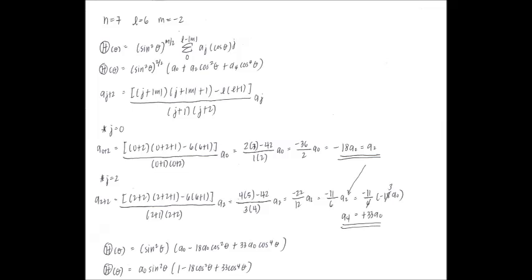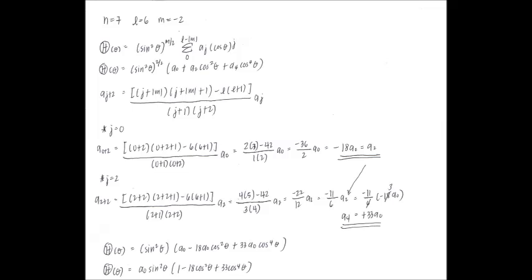So, substituting the given values, we get theta equals (sine squared theta) raised to 2 over 2 times a0 plus a2 cosine squared theta plus a4 cosine 4 theta.